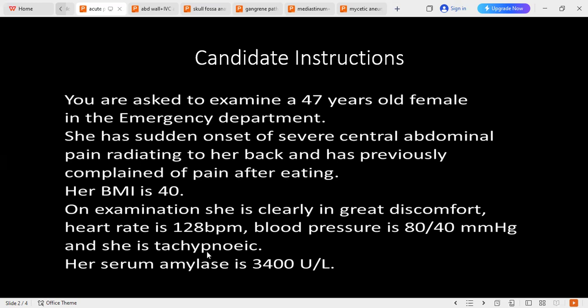Also, because of the abdominal wall, there is sympathetic overdrive, which causes increased pressure in the abdomen, and that leads to tachypnea.